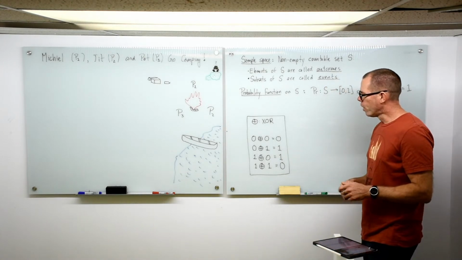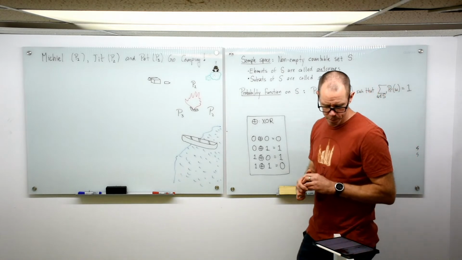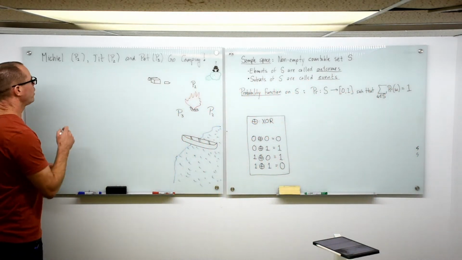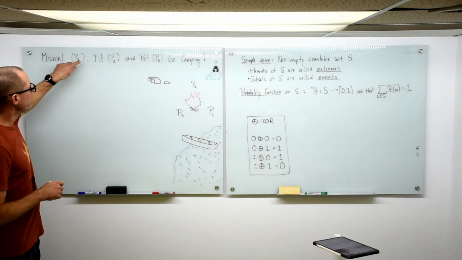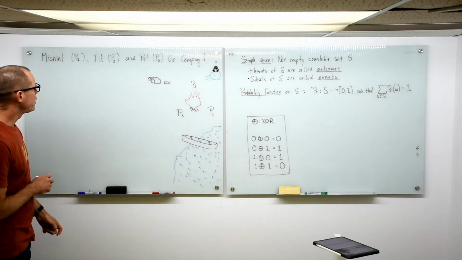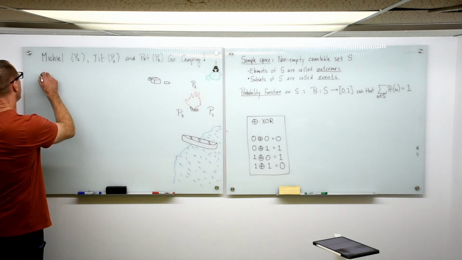It's called XOR, or you can think of it as addition modulo 2. Okay, so let's call these people P1, P2, and P3. Their names are a bit too long to continually write. So here's what we do.